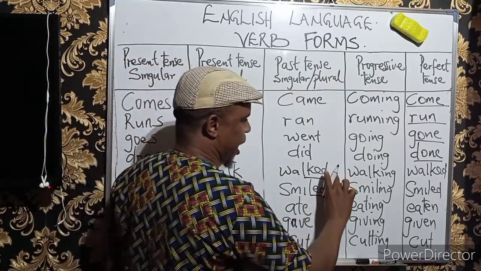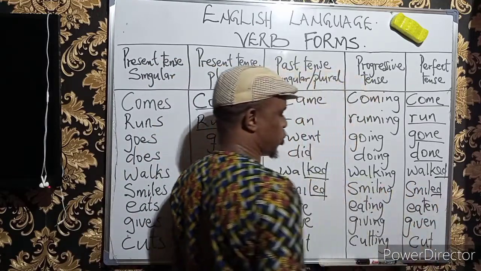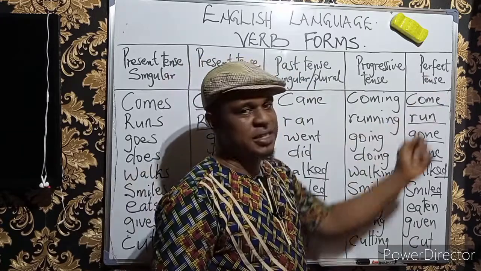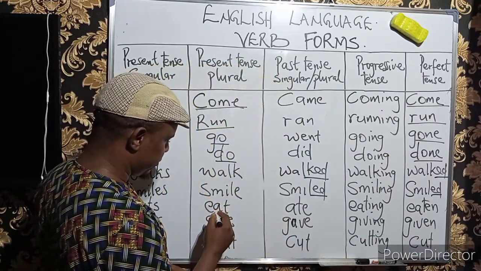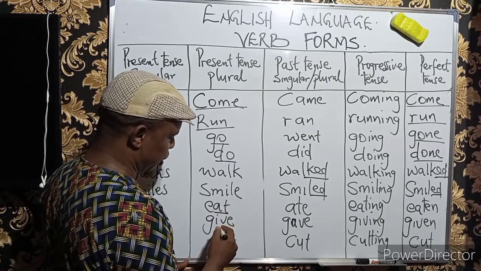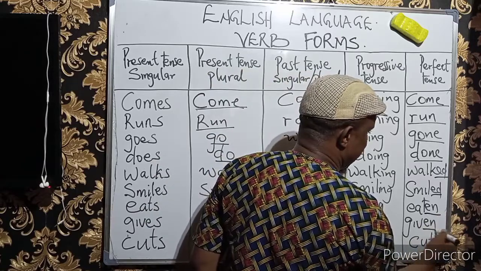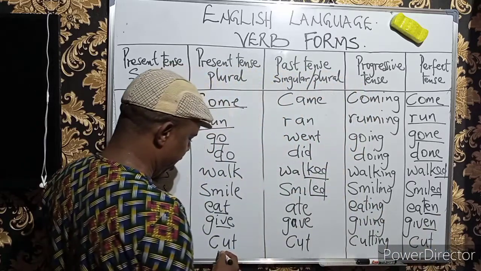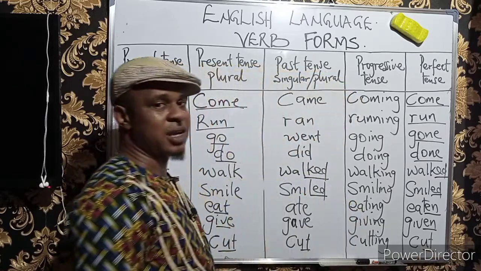Look at it. The way they appear here is equally the way they appear here, the same way they are spelled in their perfect tense. And then we have eat and give, they change outrightly, eaten and given. And then here, caught, we have it here as caught.